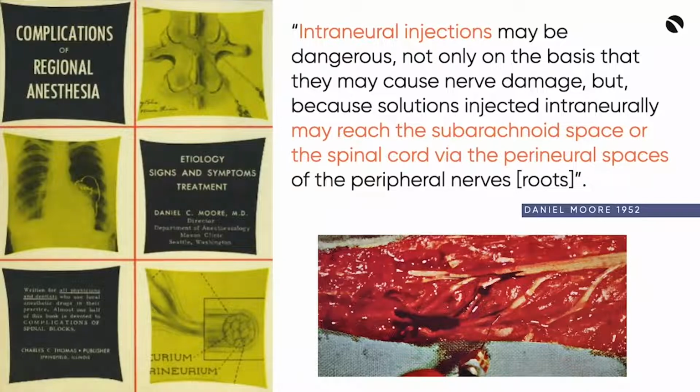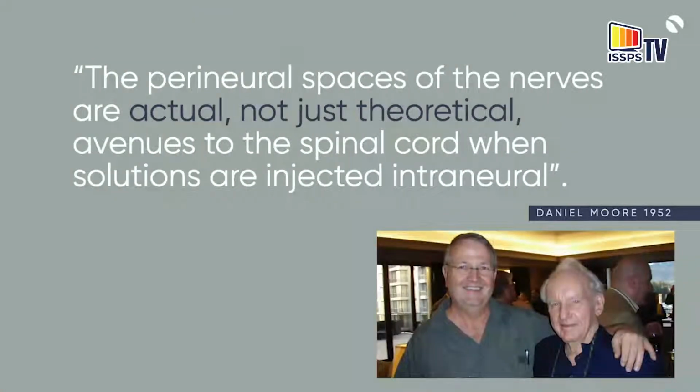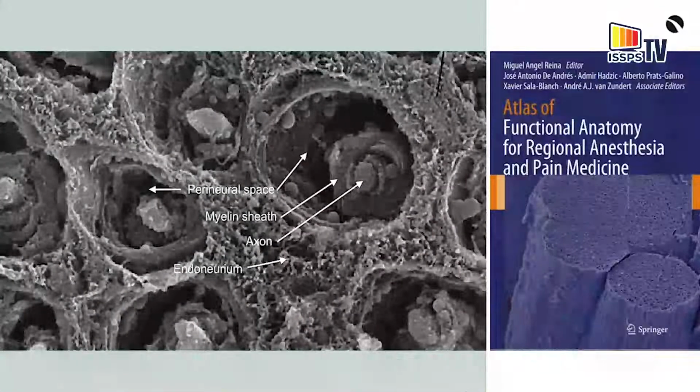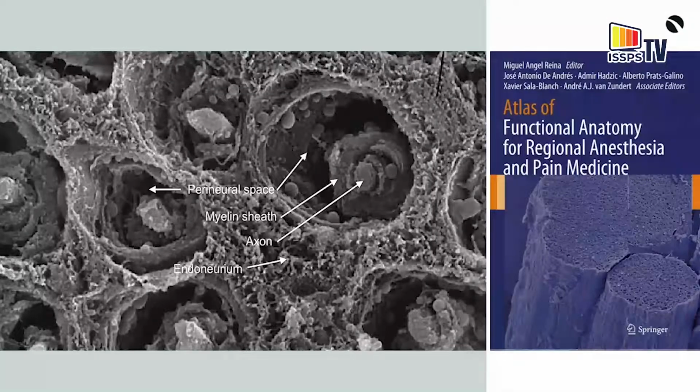And he said, the perineurial spaces of the nerves are actual, not just theoretical avenues to the spinal cord when solutions are injected intraneurally. And even in Reiner's 2016 atlas, some, including yours truly, believed that the perineurial spaces could be seen outside the myelin sheath in the endoneurium of the fascicles.